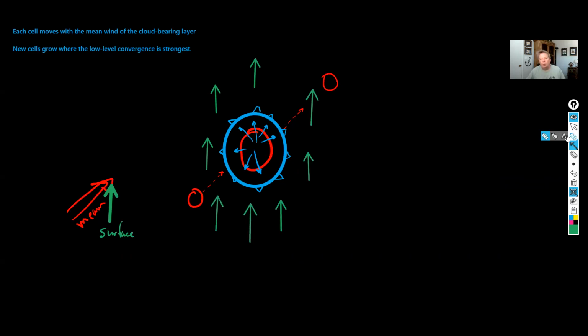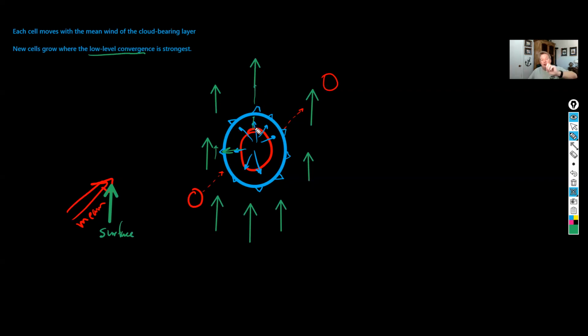Where will the low-level convergence be strongest? Well, the low-level convergence should be strongest on the southern flank of this outflow. Because is this convergent going this way and going this way? Sure, like T-boned by a car. Is this convergence? Well, it depends on how fast it is, because you're all going in the same direction.